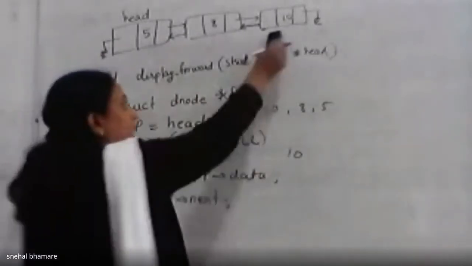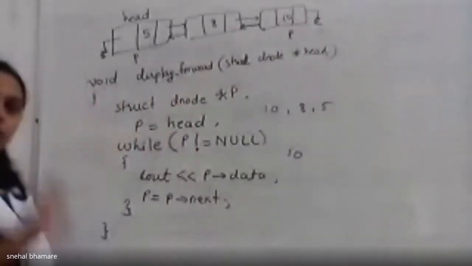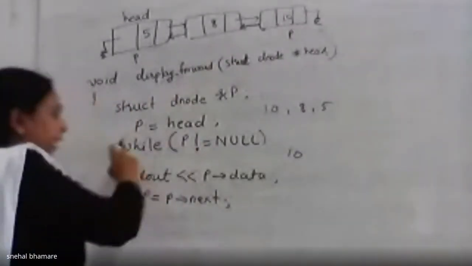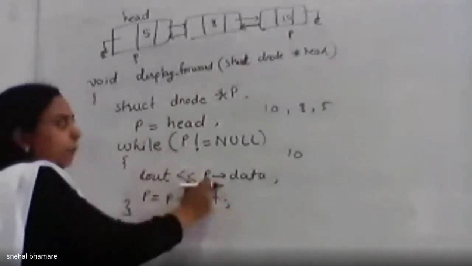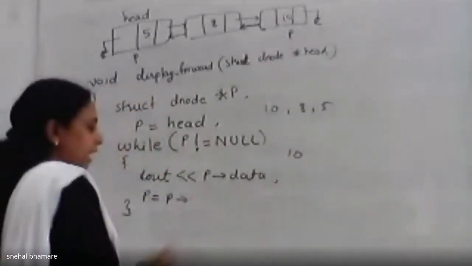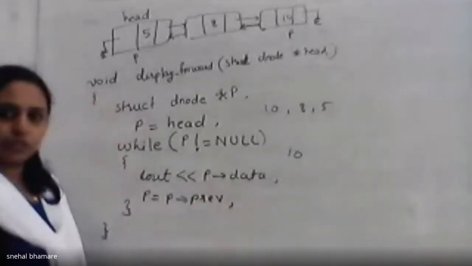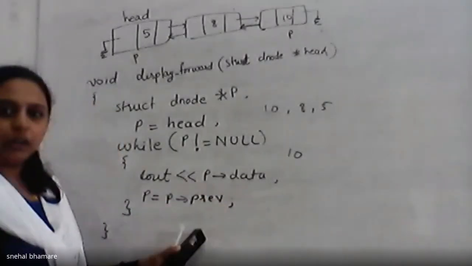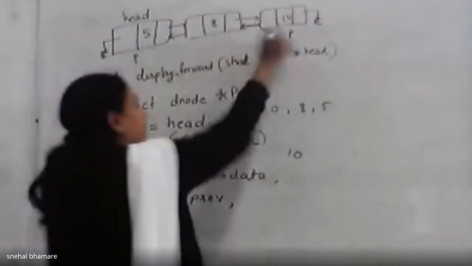So I'll take one pointer p, which initially will point to the head node. It will traverse to the last node. Once it comes to the last node, the same while loop will be applied: while p is not equal to null, cout p data. So 10 will be displayed, and instead of writing p equals p next, I'll write p equals p previous, because we have this previous pointer in the doubly linked list. So p will point to this node.